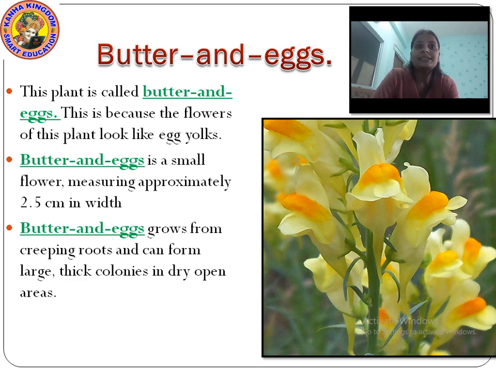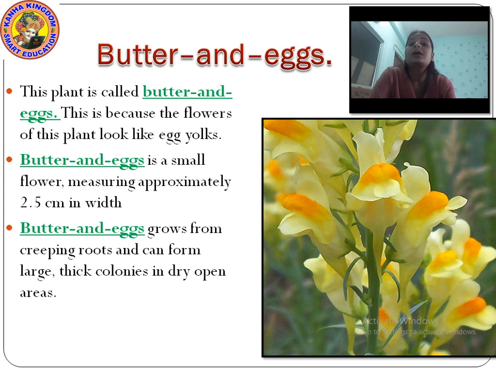Butter and eggs grows from creeping roots and can form large thick colonies in dry open areas.